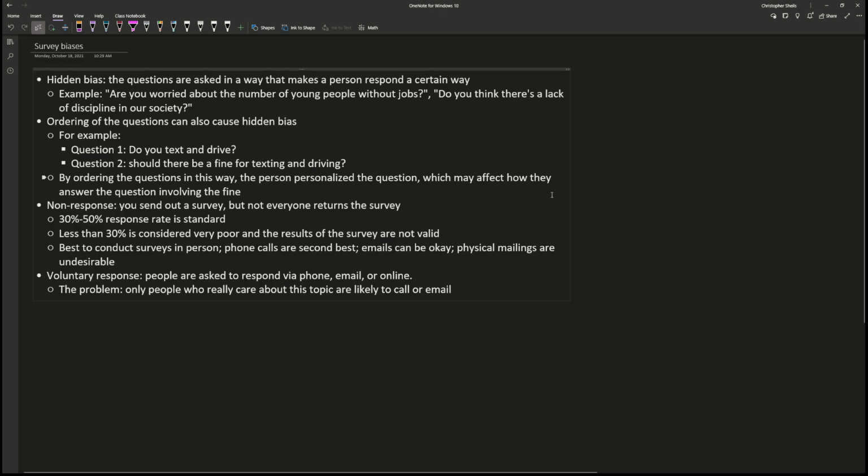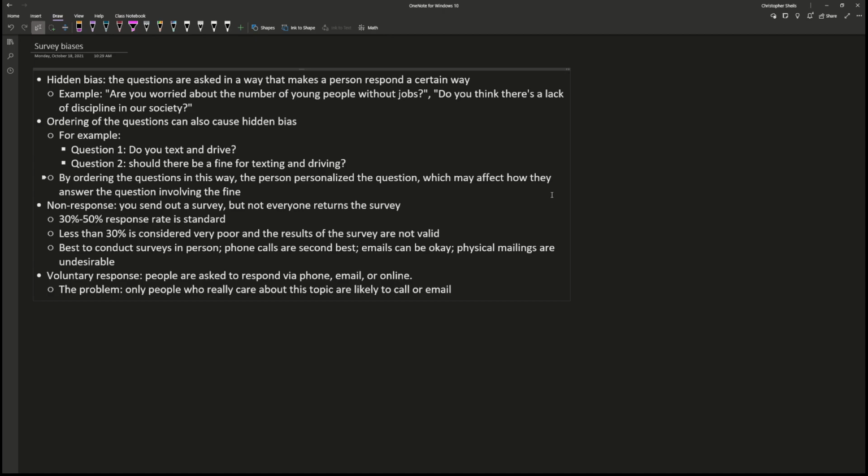Another example of a hidden bias might be ordering the questions in a way where one question builds on the previous question. For instance, asking someone, do you text and drive? And then immediately asking them, should there be a fine for texting and driving?